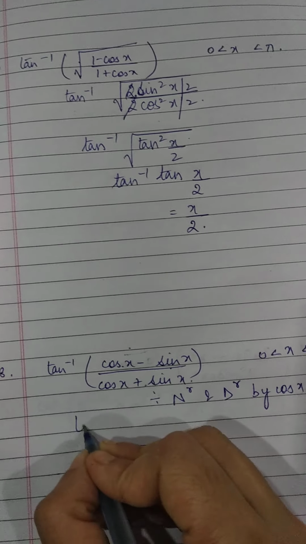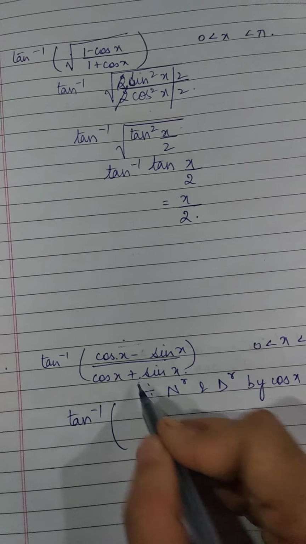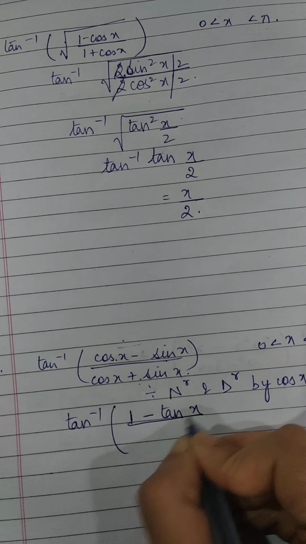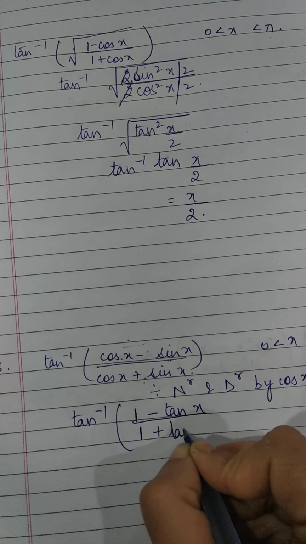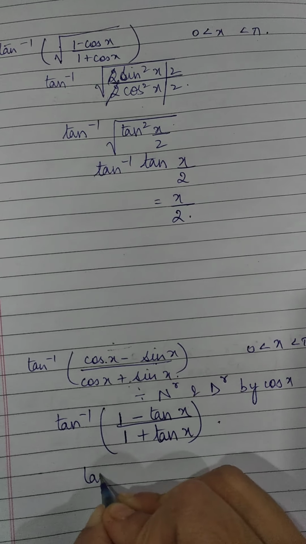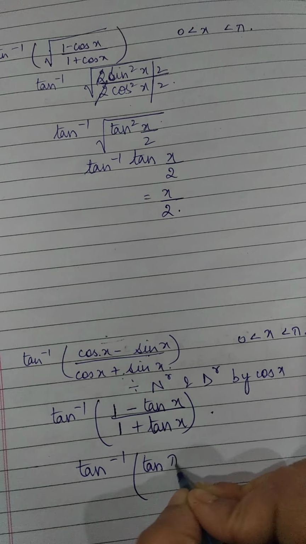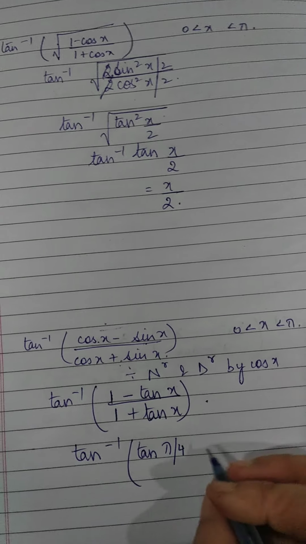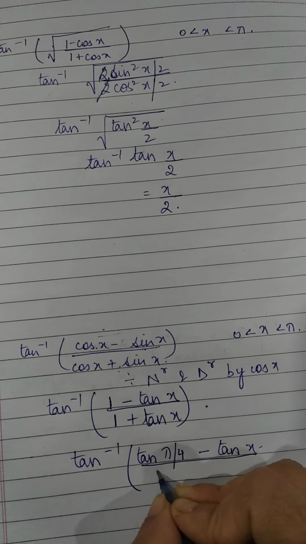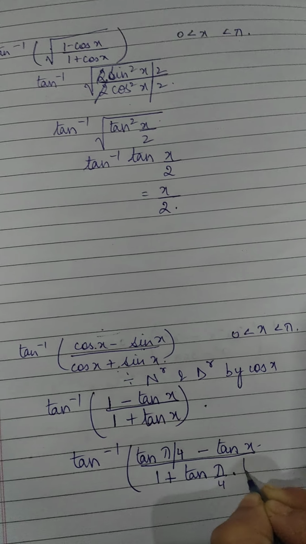So what do we get? Tan inverse of this upon cos x. So that is 1 minus tan x upon 1 plus tan x. So tan inverse, instead of 1, I can write tan pi by 4, because tan 45 degrees is also 1, minus tan x upon 1 plus tan pi by 4 into tan x.